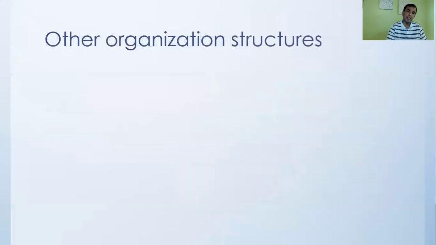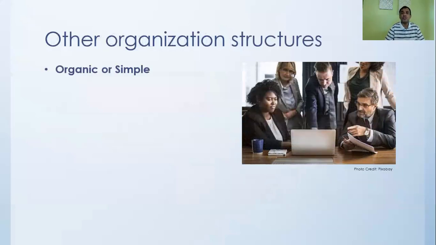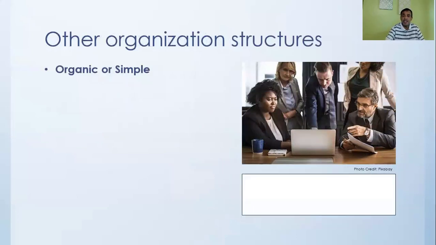Now, there are some other types of organization structures. One is organic or simple. Essentially, typically it happens in a new startup, people come together and work and do as best as they can and move on from there. They are typically very flexible, and there are not a lot of processes.